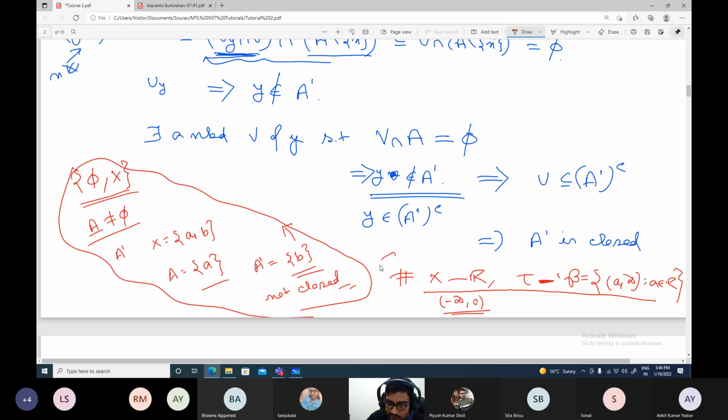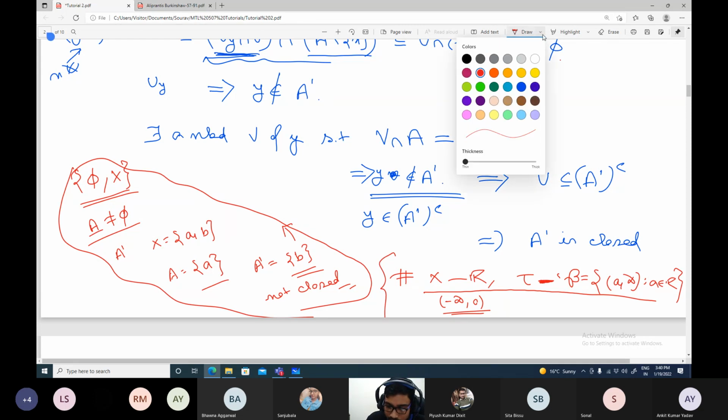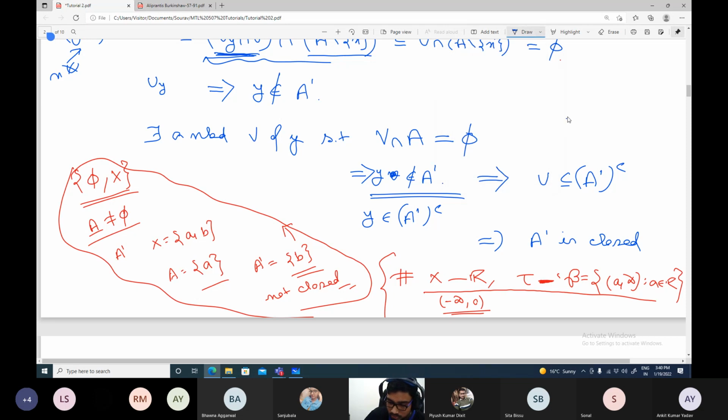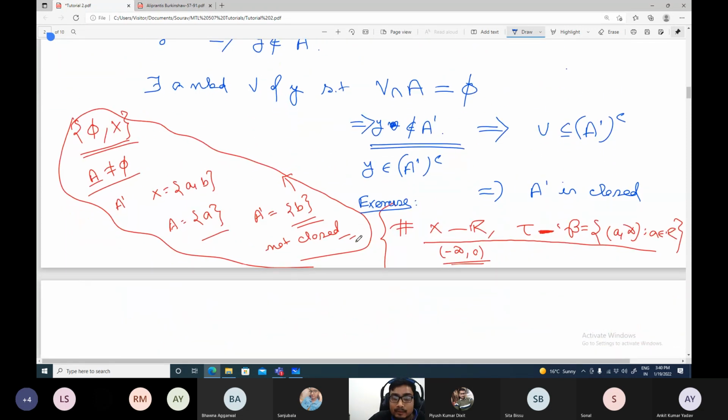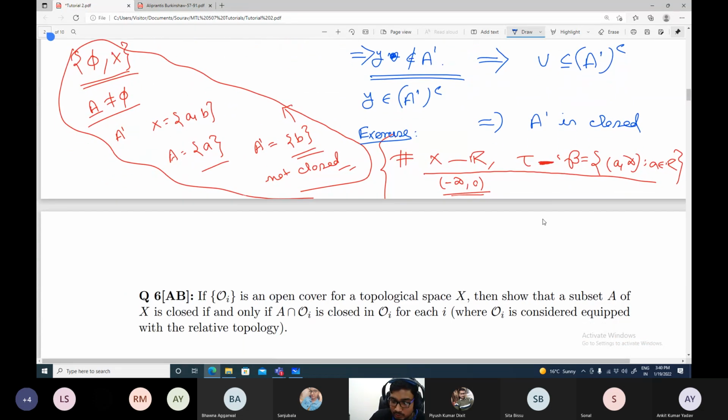This is an exercise for you. Compute this one and you will find it by yourself.